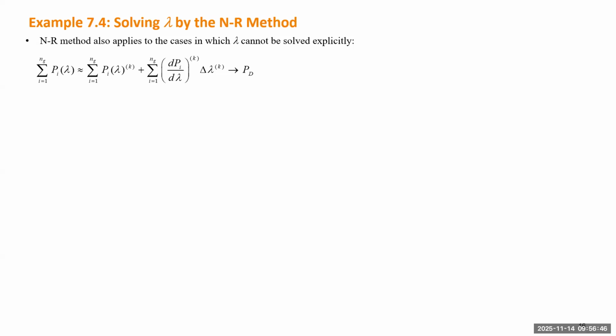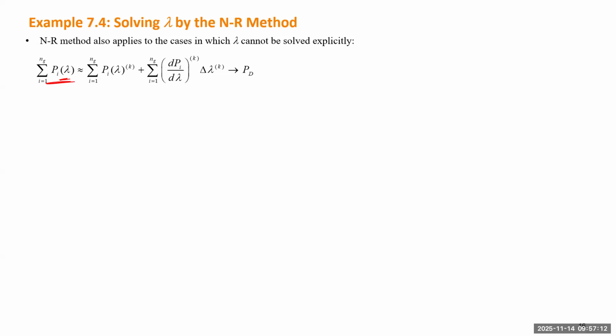For the Newton-Raphson approach, you need to give some initial guess. Even if the initial guess is wrong, after some iterations, eventually you will reach the final solution, same as what we did for power flow. Okay. So if you use the Newton-Raphson approach, lambda will be the main thing to solve. This is actually from the power balance equation.